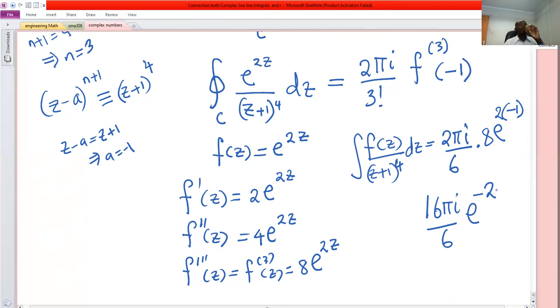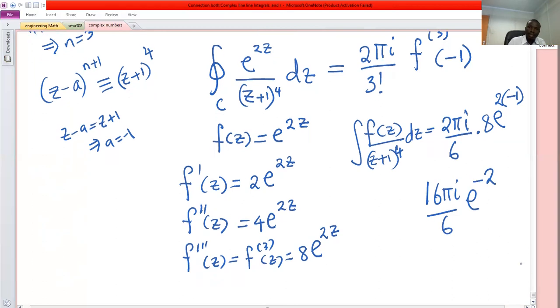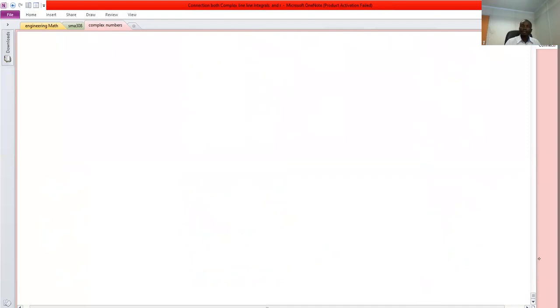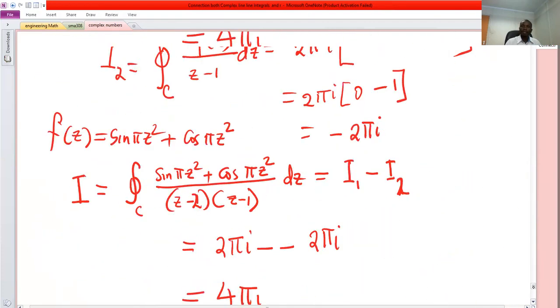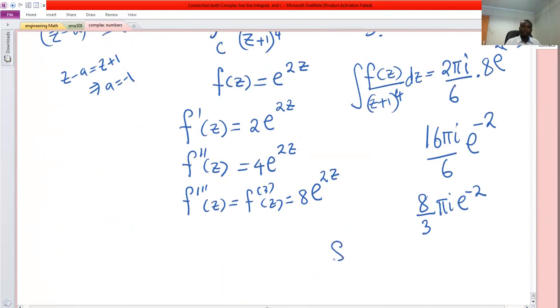And then 16 divided by 6, 2 here, 8, 2 here, 3 pi I e raised power minus 2. Which you can write simply as 8 pi over 3 e squared I. So this is the value of that integral. So thank you.